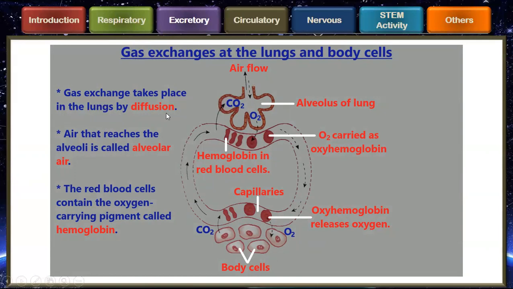What is the word diffusion? It's a physical process. I'm going to give you an example. When you are wearing perfume, when you spray perfume on yourself, the very first time, the scent will not be in all of the room.